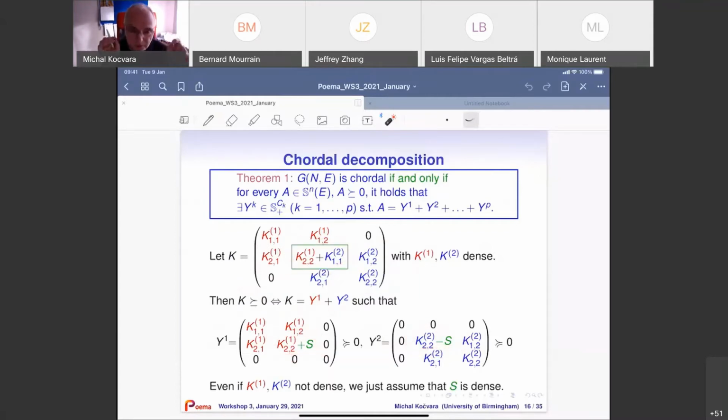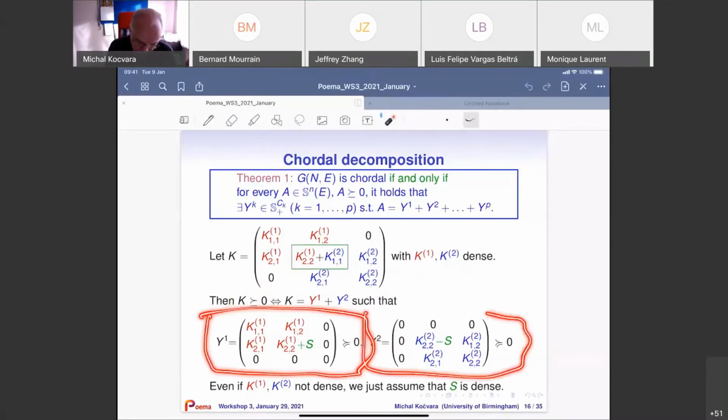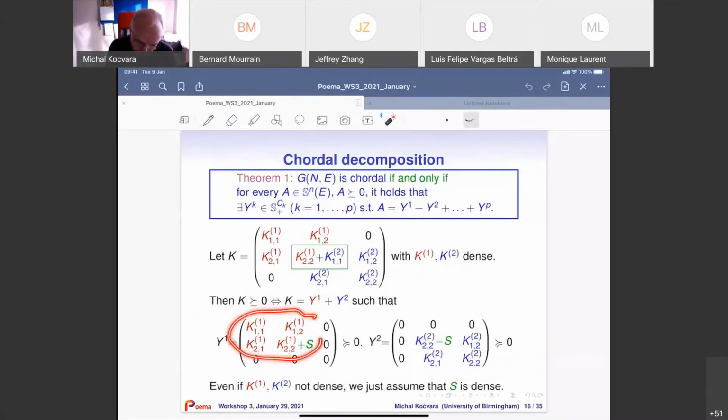Okay, so we need to introduce a dense submatrix, a new variable, and then instead of this matrix inequality, we have two smaller matrix inequalities saying that this matrix is positive semidefinite, that matrix is positive semidefinite, but we have this new additional matrix variable S.